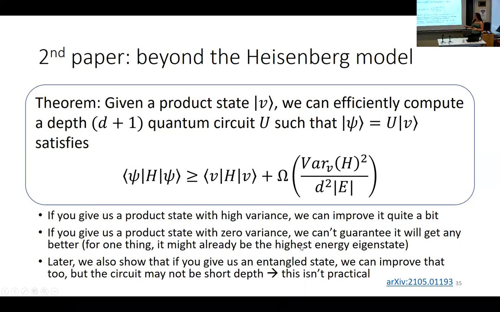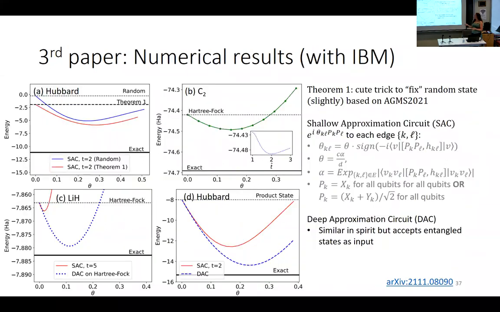But with the entangled state, you might not get a short depth circuit. So we started from the product state, and that allowed us to have a short depth circuit. And so we could still use this more complicated circuit for these product states at least. And so you can see we get some kind of numerical improvement in the energy here.